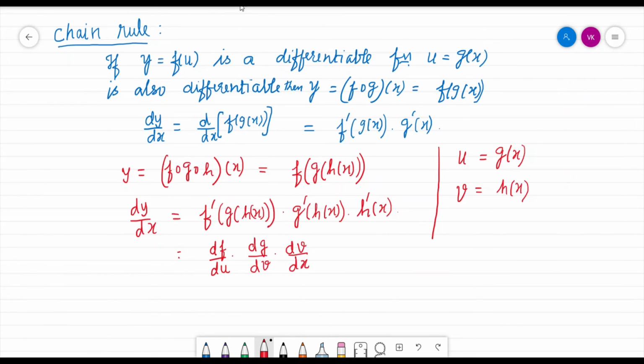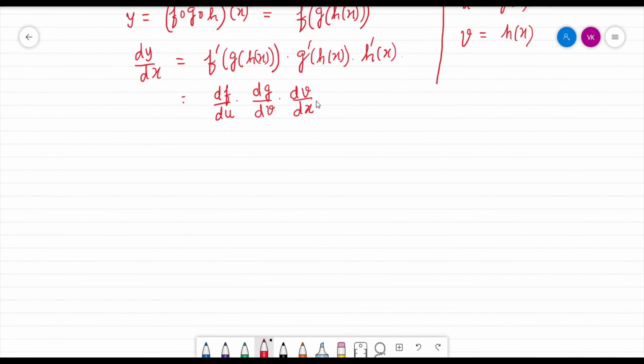This is what the chain rule states, and it could be extended to any number of functions.